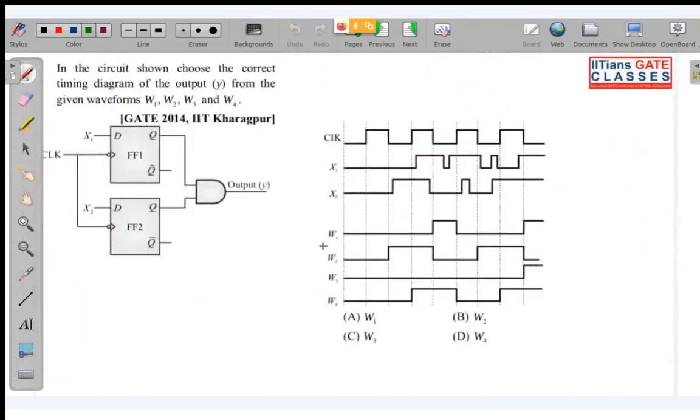So now we have this question. Tell me what will be the answer.